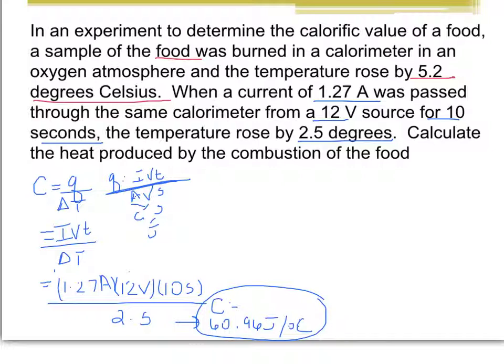So now, step 2 of our process tells us that we're going to use this heat capacity for the calorimeter to actually calculate the amount of heat that was generated when we burned the food. So step 2 is we're going to take this C value and determine heat.